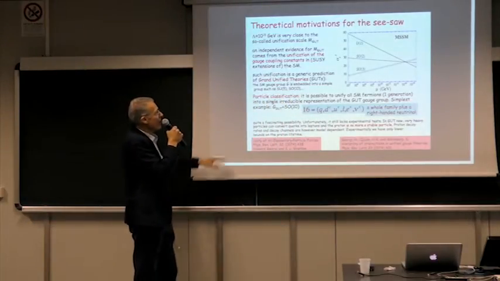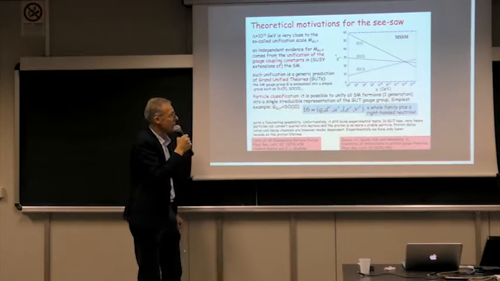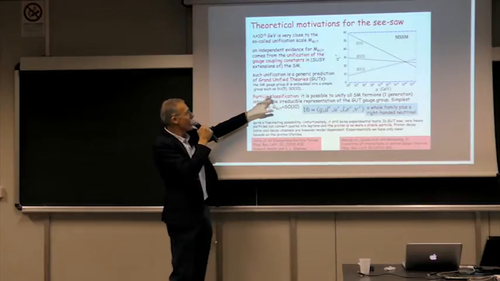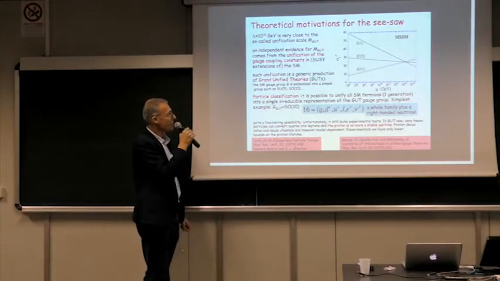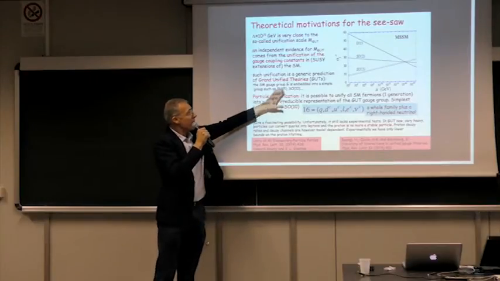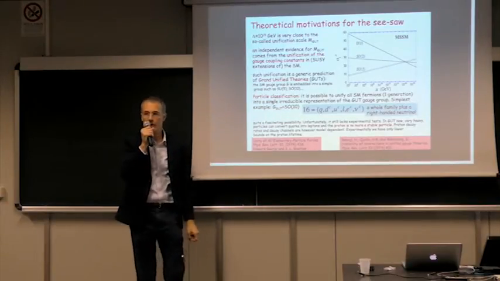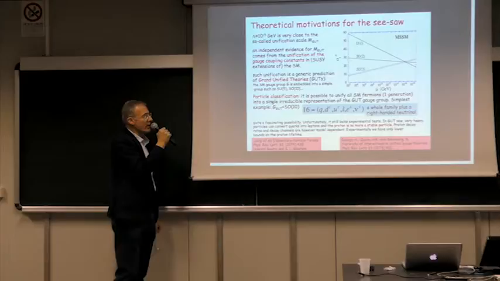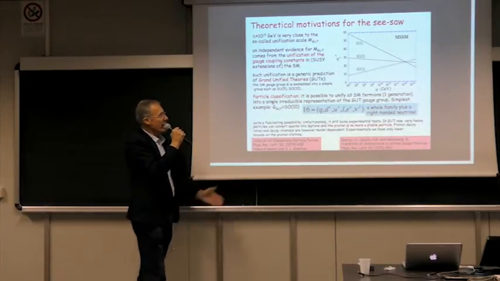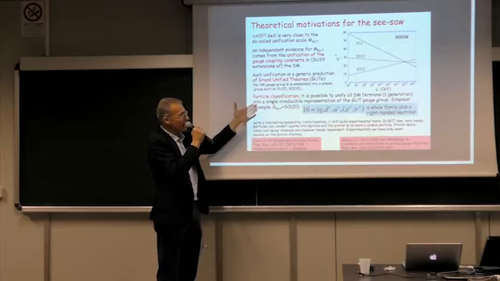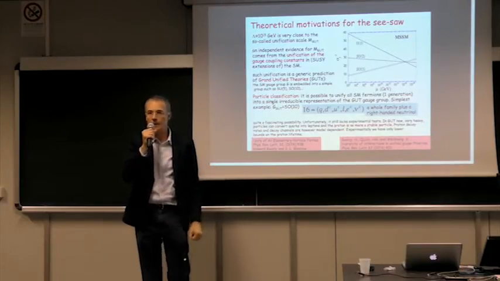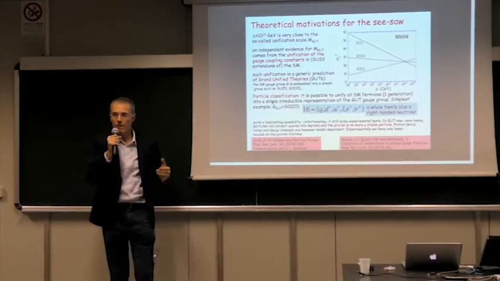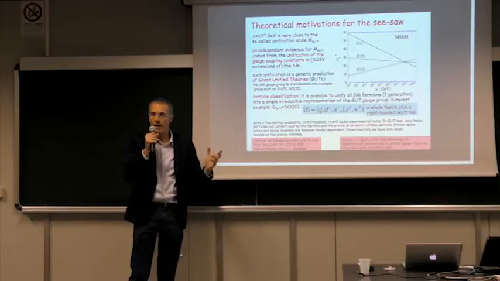And this is a generic prediction of grand unified theories, theories in which the standard model gauge group is embedded in a simple group like SU(5) or SO(10). These theories, apart from predicting the unification of gauge couplings and predicting the existence of this large mass scale, are also very useful because they shed light on the classification of the particle content of the standard model. We have seen that the standard model contains 5 independent multiplets of the standard model gauge group with funny quantum numbers.